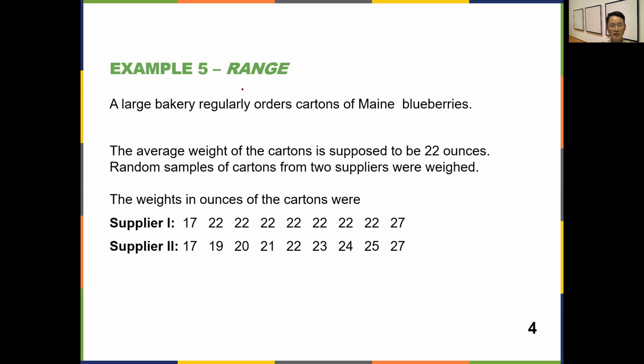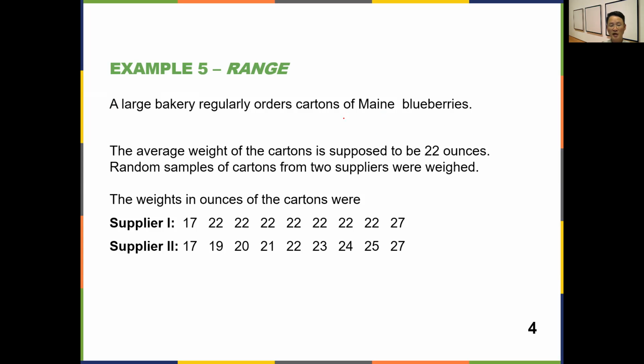That's a range. So, let's talk about this example. Let's say you are a baker. You are running a bakery and you are trying to bake, I guess, blueberry muffin, right? So you need a supplier who supplies blueberries from Maine.